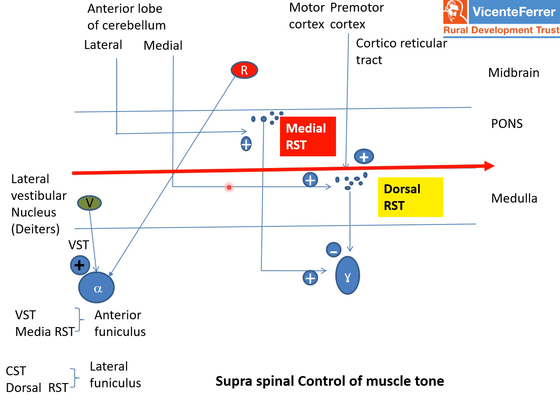Thereby, the only descending tract which is activating the spinal level motor neurons is from the vestibular nuclei, that too the lateral vestibular nucleus which forms the vestibulospinal tract. This directly activates the alpha motor neurons rather than the gamma motor neurons. That's why in ischemic decerebrate rigidity, the dorsal rhizotomy doesn't affect the increased tone. The increased tone will persist even after dorsal rhizotomy.